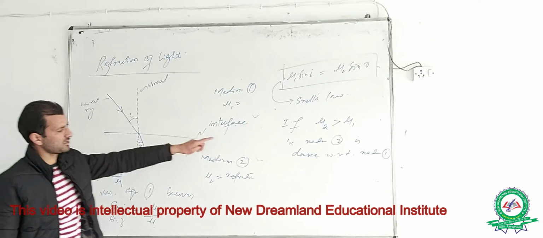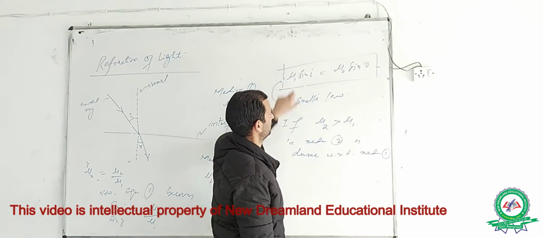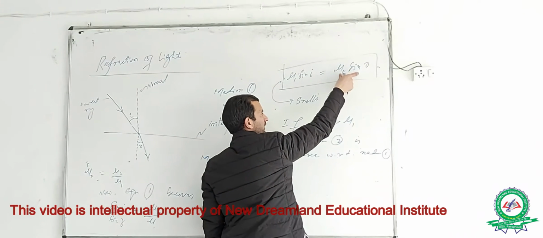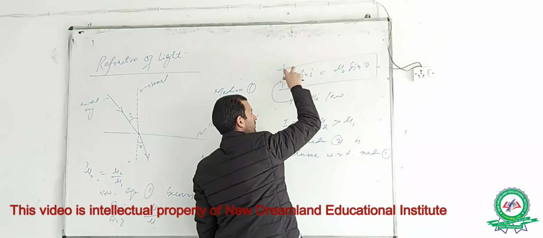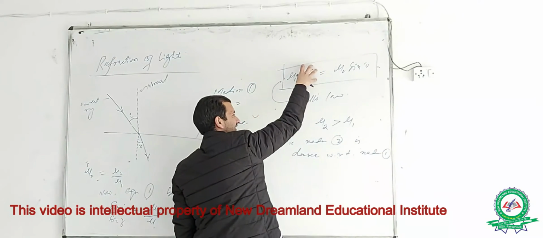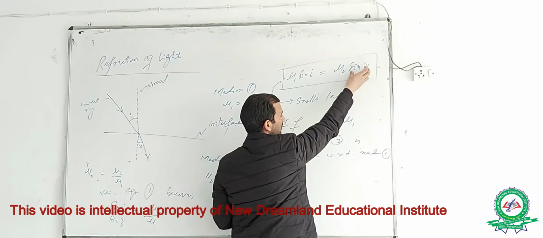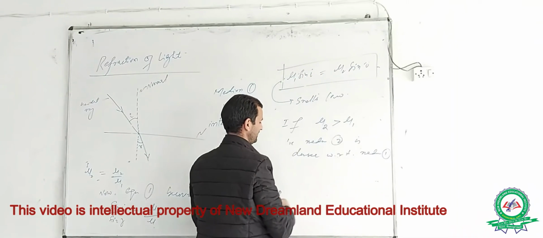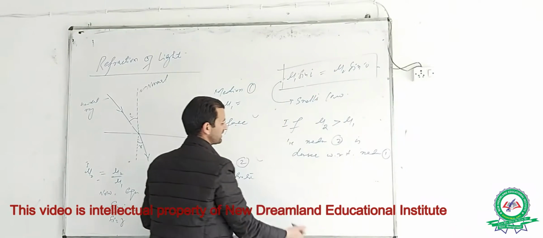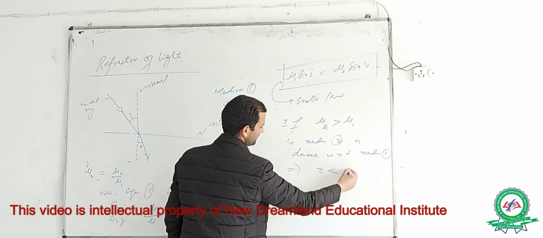So according to Snell's law, if mu2 is greater than mu1, then since the product of these two terms is equal to these two terms, if mu2 is greater than mu1, then sin r must be less than sin i. And when will sin r be less than sin i? When r is less than i.